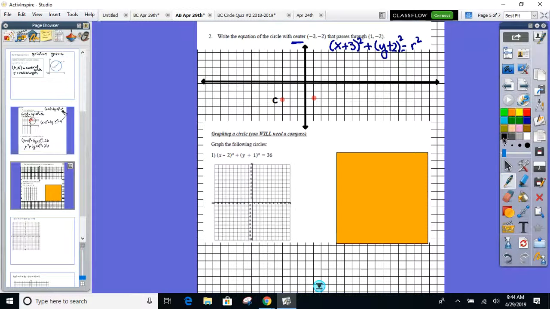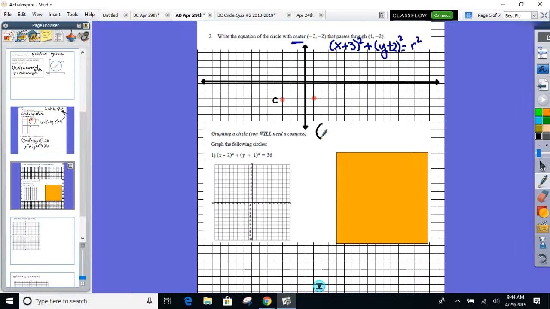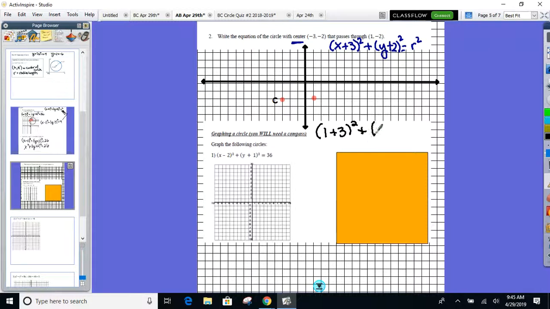I don't know how many of you want to get out the distance formula. All right, so what do you want to plug in for x? Ready? 1 plus 3 squared plus -2 plus 2 squared equals r squared. Nothing fancy.